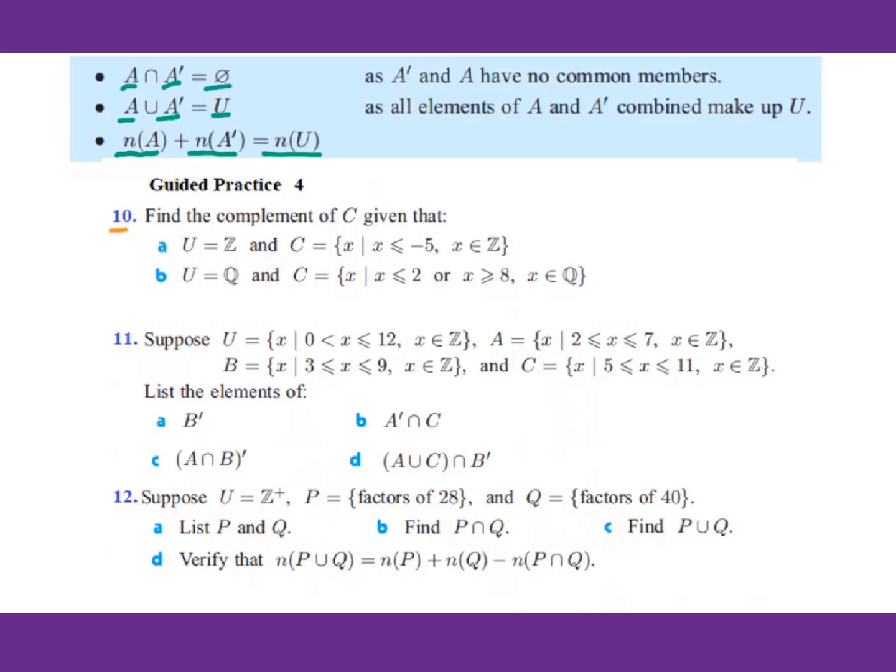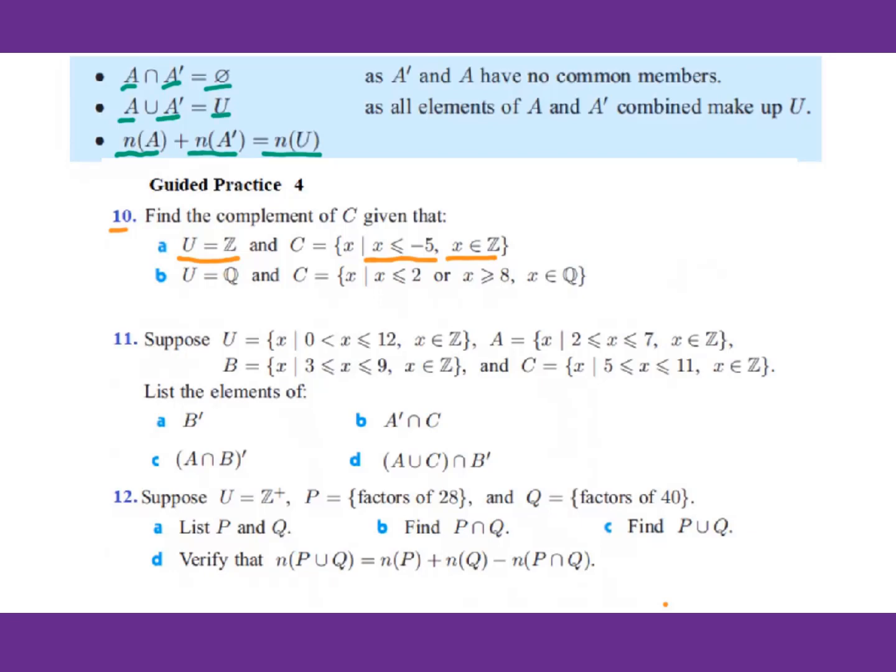Find the complement of C given that the universal set is integers. C equals x less than or equal to -5 and x is an integer.